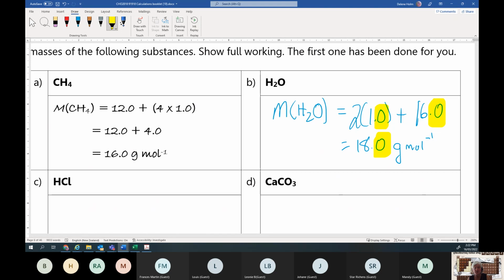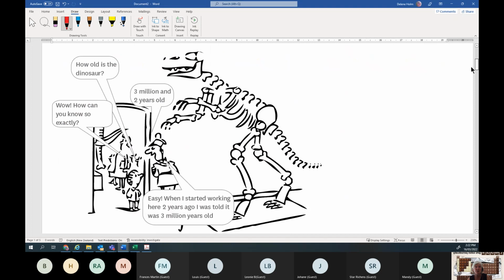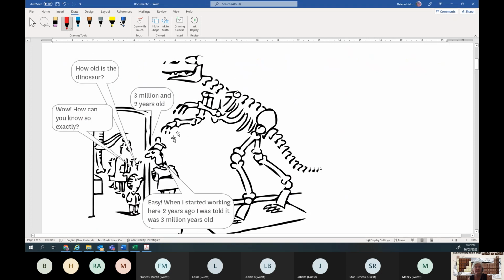So what I've got over here is this cartoon where basically this little person is coming in and saying, how old was that dinosaur? And the chap says, oh, 3,002,000 years old. And so this little chap's really impressed and says, oh, how do you know so exactly?